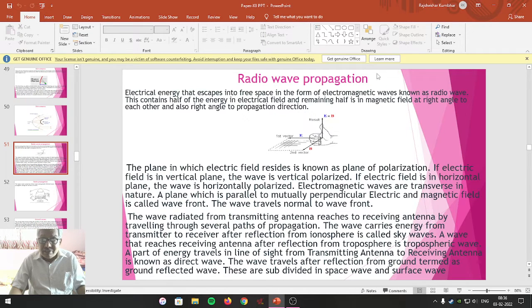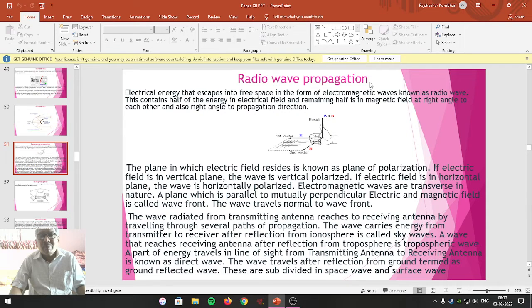In between, how the energy containing the signal information in the form of electromagnetic wave travels in space through the atmosphere, and this motion of carrying the signal information in the form of electromagnetic radiation between transmitting antenna and receiving antenna is called radio wave propagation. We are introducing the same today.